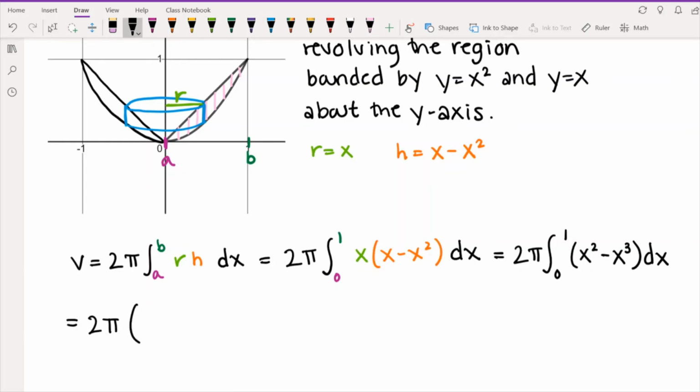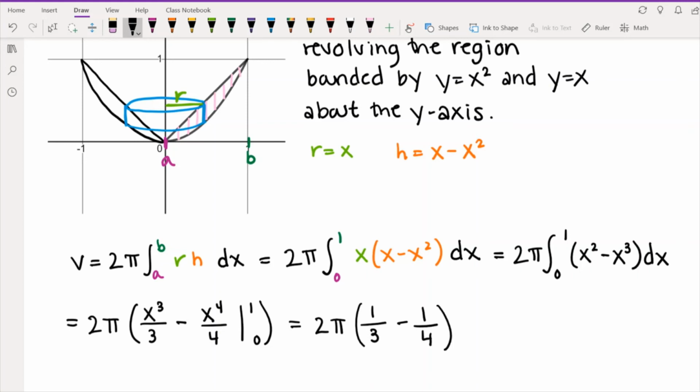Our antiderivative is going to be x cubed over 3, minus x to the 4th over 4, and we're evaluating at 1 and at 0, which is nice because those are the easiest numbers to plug in. When we plug in 1, we get 1/3 minus 1/4. We want a common denominator, which would be 12.